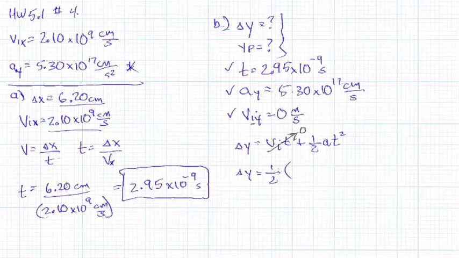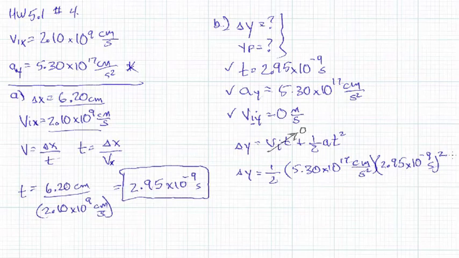Acceleration in the y direction is 5.30 times 10 to the 17th centimeters per second squared, times our time squared. Time is 2.95 times 10 to the negative 9th seconds, that value squared.